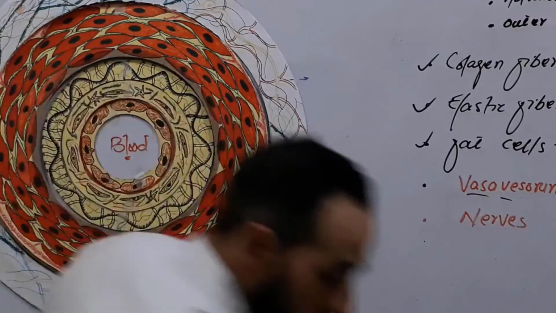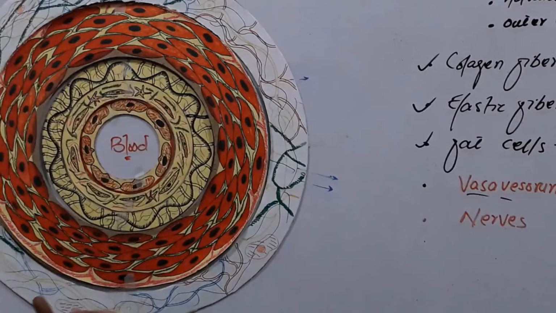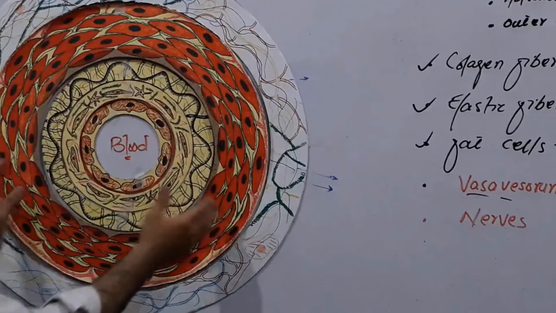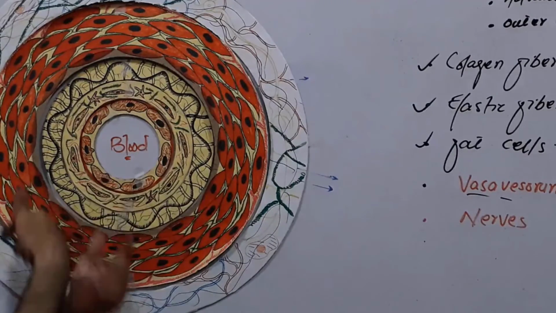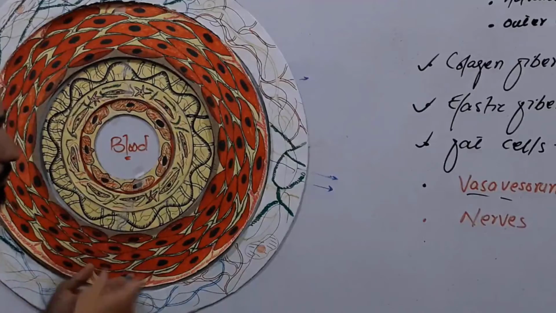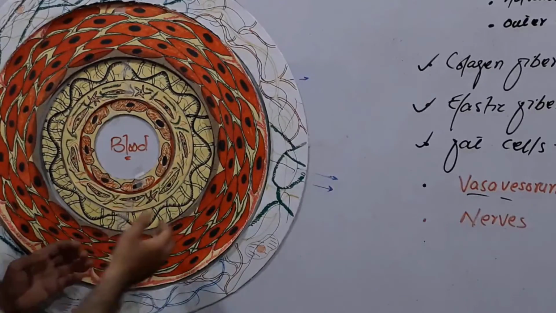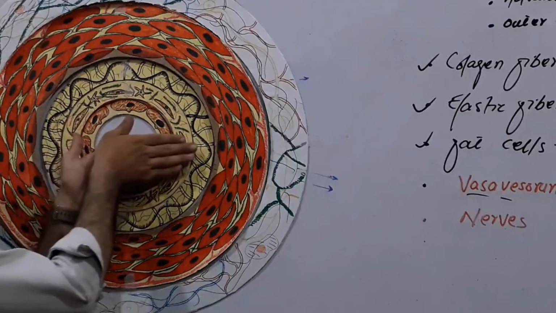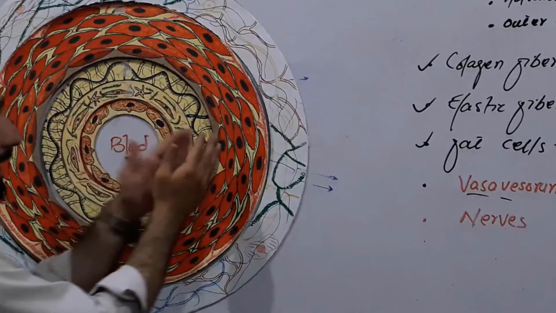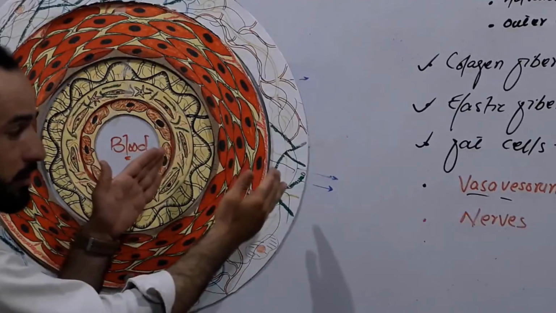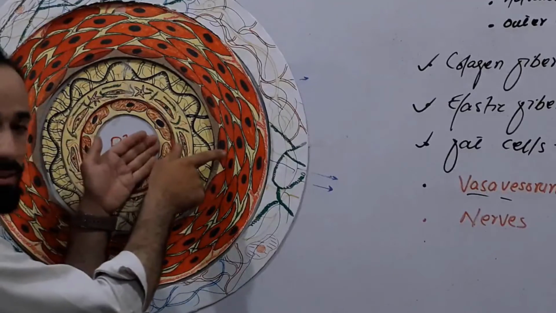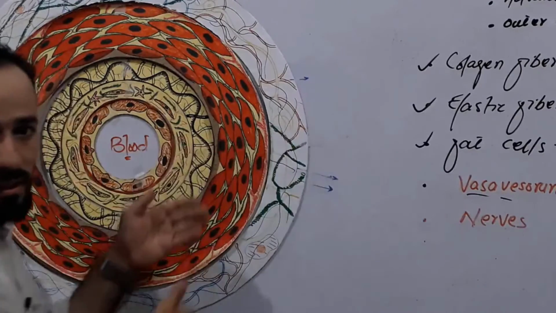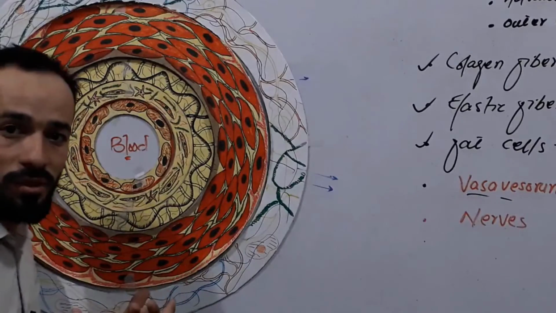Now look carefully, in large arteries or large veins, right? These smooth muscles have many layers, and these smooth muscles have to be supplied with oxygenated blood and nutrients. So all these layers, this inner layer gets its nutrition from inside also, and as they have thick walls, they cannot fulfill their need from the inner side, so they are provided from the outer side also with oxygenated blood and food substances, right?